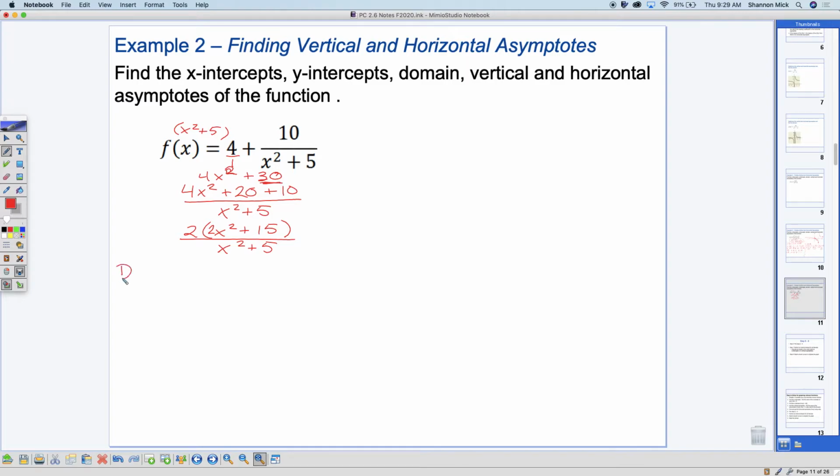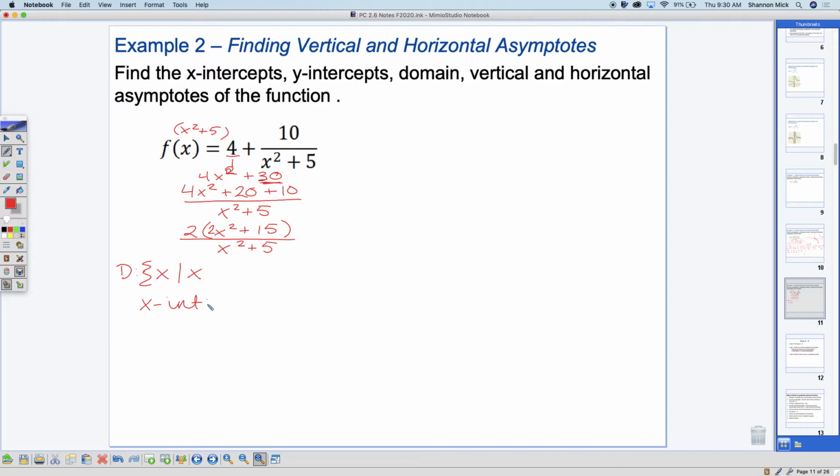So domain. Let's leave our domain for a second. X-intercept. You had a problem with the math, didn't you? Okay, how do I get my x-intercept?